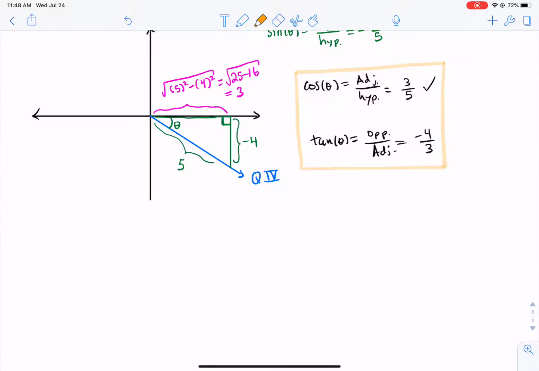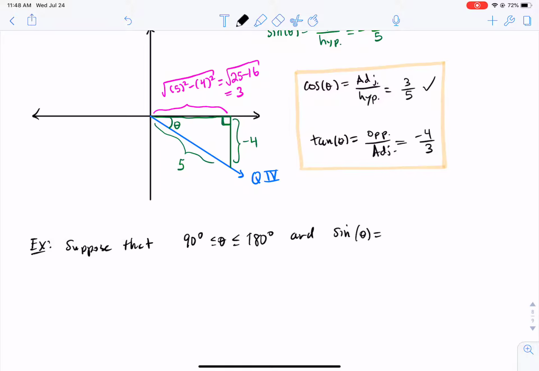So here is one last example. Suppose that theta is between 90 degrees and 180 degrees, and you're also given the sine theta.